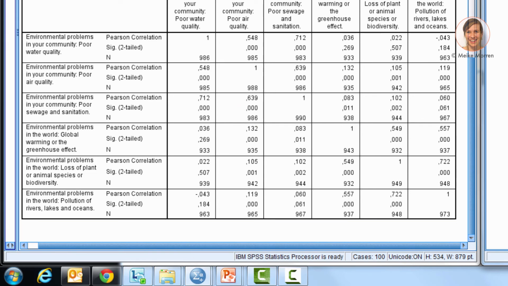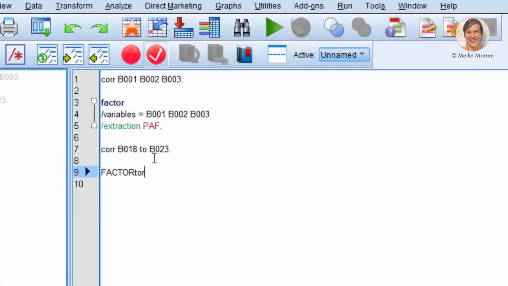Now let's go to the factor analysis. In this case, as there are two constructs behind it, I will ask for two factors.